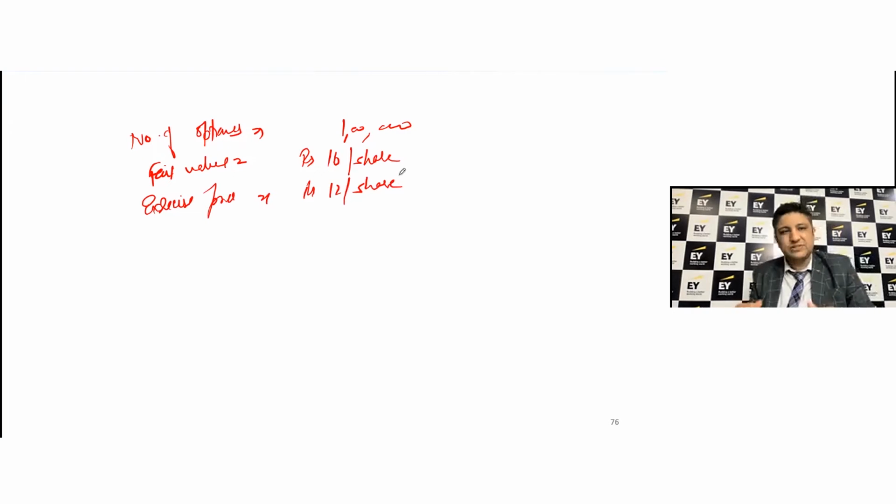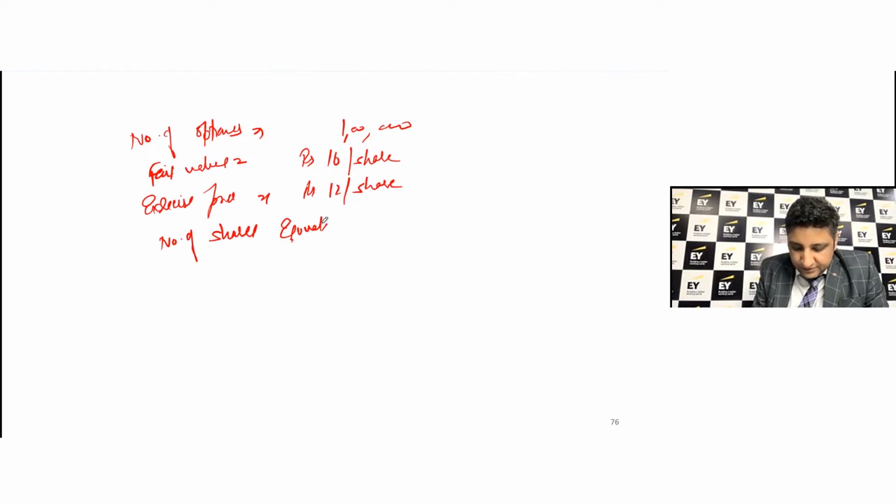So essentially you're recovering 75% of the value. Okay, so that means the number of shares equivalent, right? If you were collecting the money at its fair value, how many shares would you have been able to issue for the money you collected?